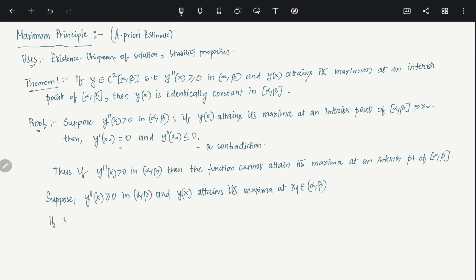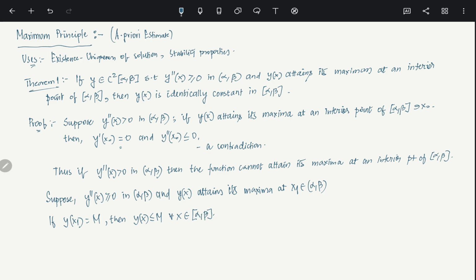Now if y at the point x1 is m, where m is the maxima, then what can we say? Then y of x should always be less than or equal to m, for all x in alpha beta.